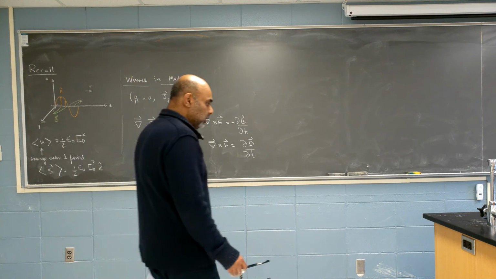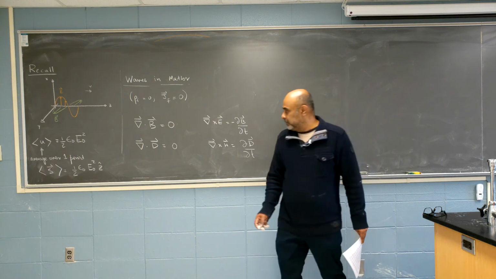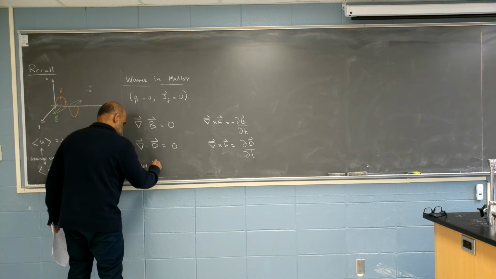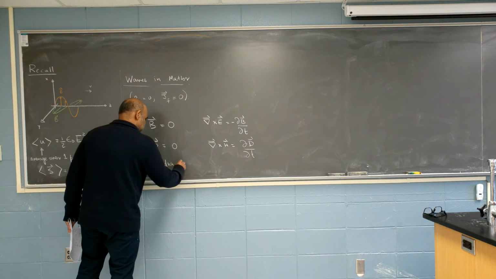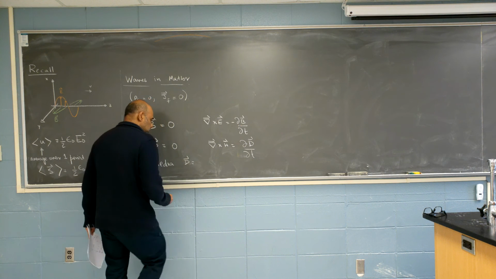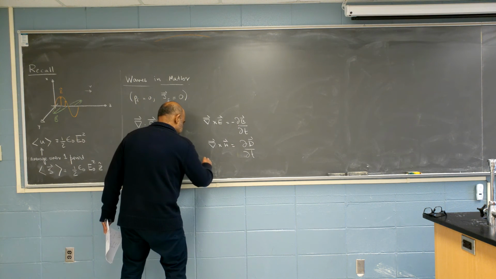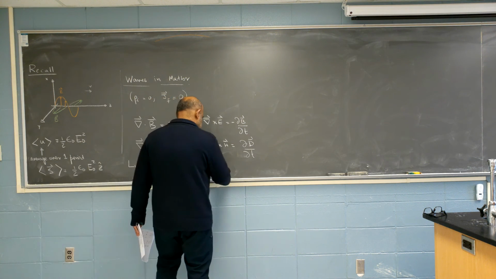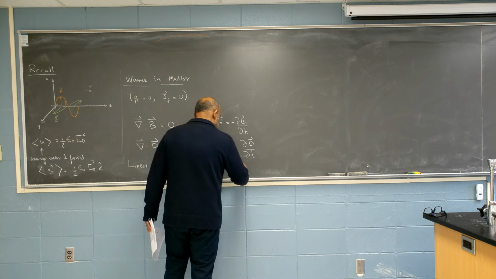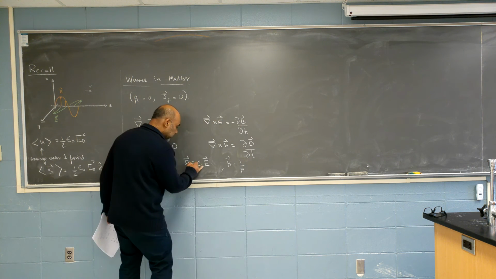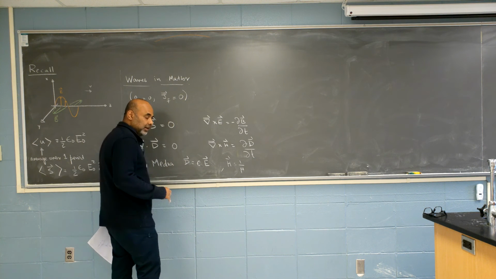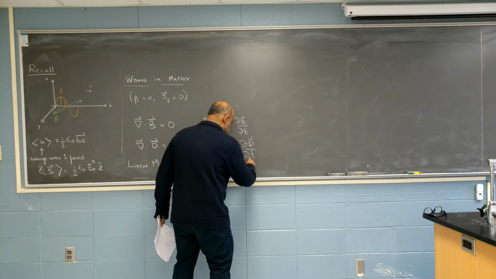Then we're going to specialize to linear media. We have D equals what? Epsilon E, correct? And then H equals 1 over mu times B. That's what makes a dielectric medium this way.